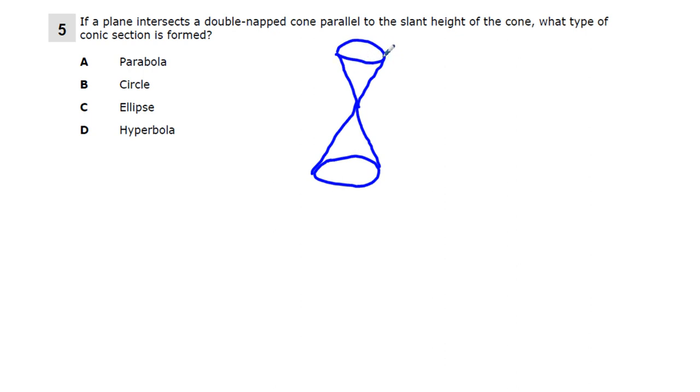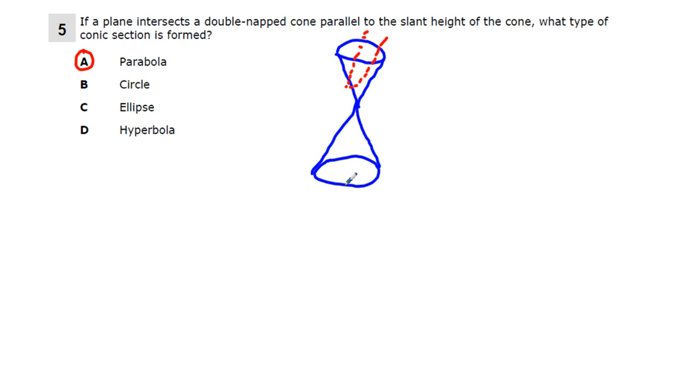And when you take a slice that's parallel to the slant height, it's going to show up on the other side. When you cut through, it's going to look like this and is going to be a parabola. So 5 is A.